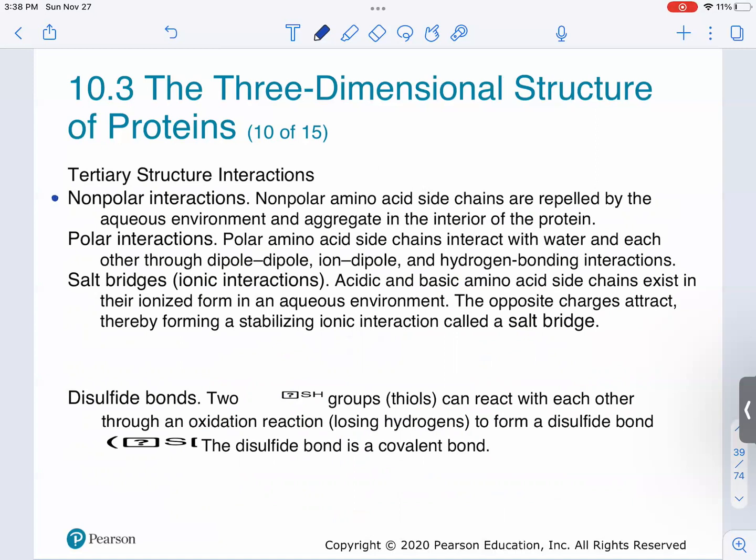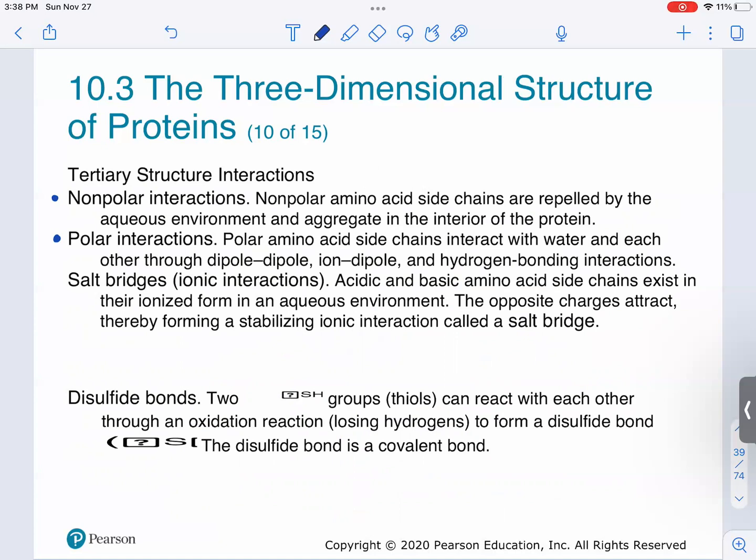So you're going to have those nonpolar interactions where amino acids are going to repel away from the water and aggregate on the inside of the protein. And then you're going to have polar interactions. If it's polar, the amino acid side chains are going to want to embrace water, right? You're going to have all that hydrogen bonding and ion-dipole interactions, depending on the functional groups.